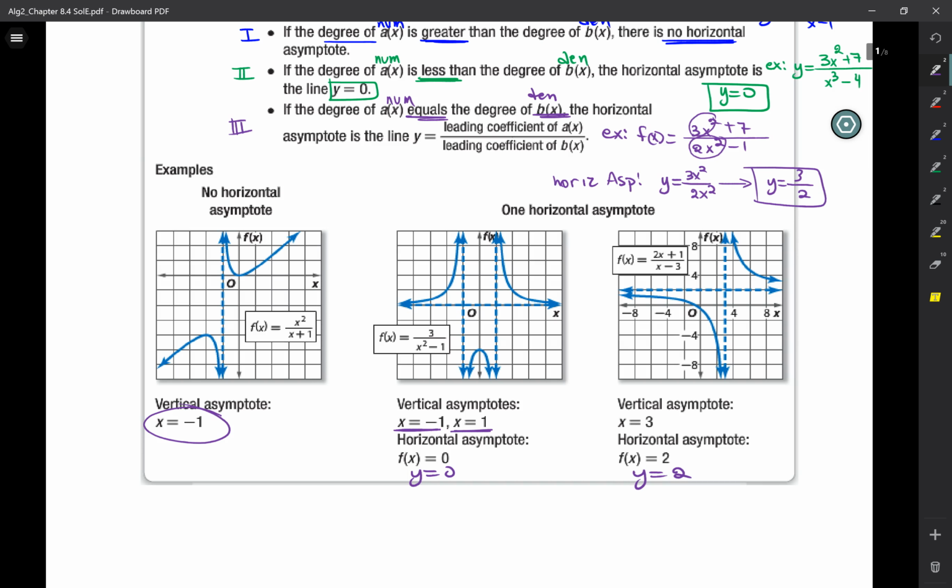Same here. Exits here, re-enters from the bottom. Exits here, re-enters from the top. You see that? So if it exits on the top, it re-enters from the bottom. If it exits from the bottom, it re-enters from the top. We're going to use that in a little bit to graph. That's how asymptotes work most of the time.